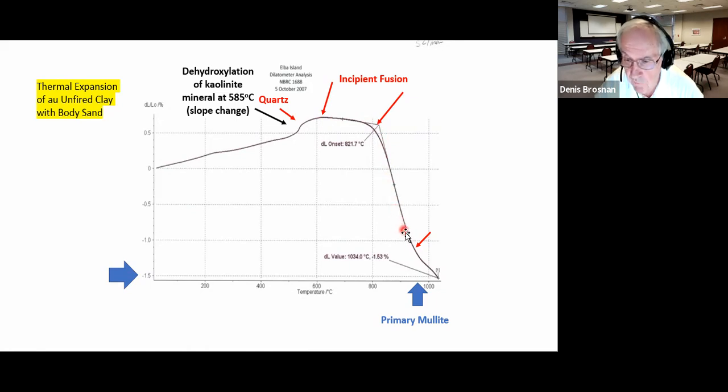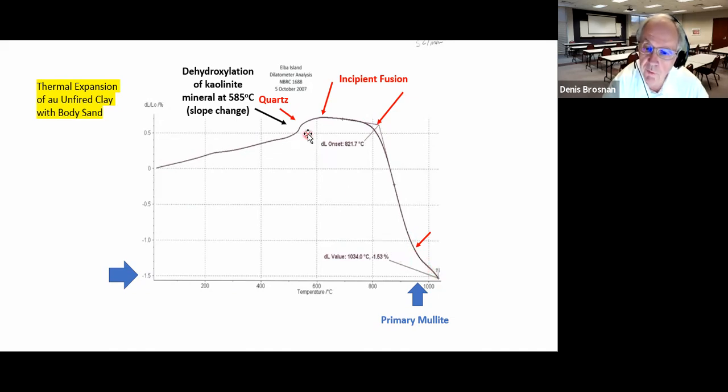If we further heat, we're going to form primary mullite up here, a bit above 1,000 degrees Celsius. And that has an important effect. It slows down the shrinkage a little bit. You can notice that very slight bend in the curve there. That really becomes important in firing porcelain products. We'll talk about that next week.